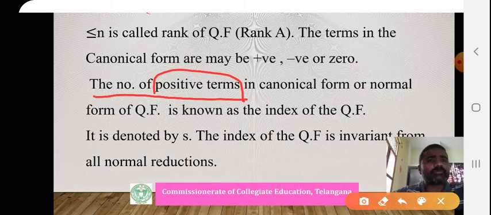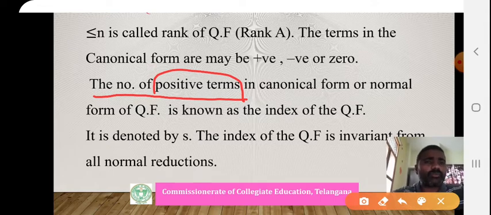After that we have lambda r terms. The number of positive terms in the canonical form or normal form of a quadratic form is known as the index of the quadratic form. Simply say, the number of positive terms in the canonical form is known as the index of the quadratic form.